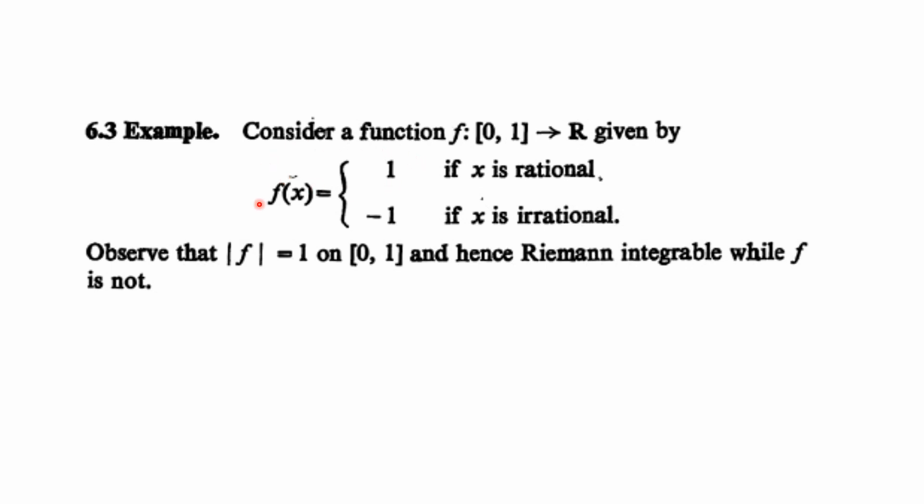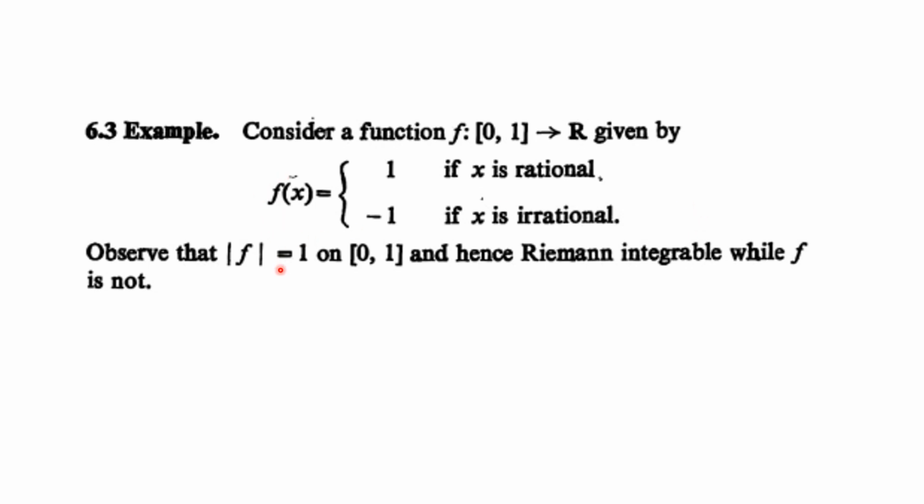Now what is the value of the Lebesgue integral of this function? It is 1 into the measure of the rationals plus -1 into the measure of the irrationals over the interval 0, 1. So the value of the Lebesgue integral of this function will be 1 into 0 plus -1 into 1, which is -1, right?